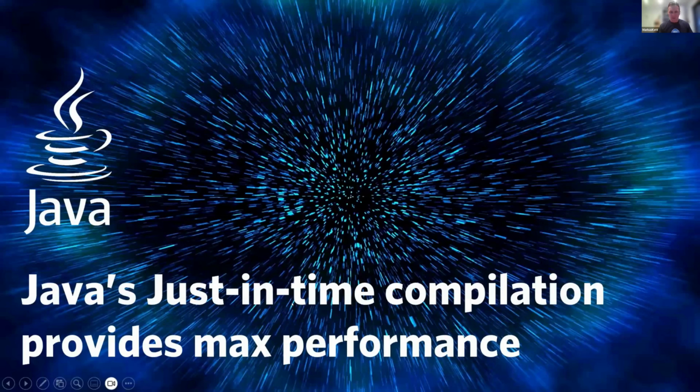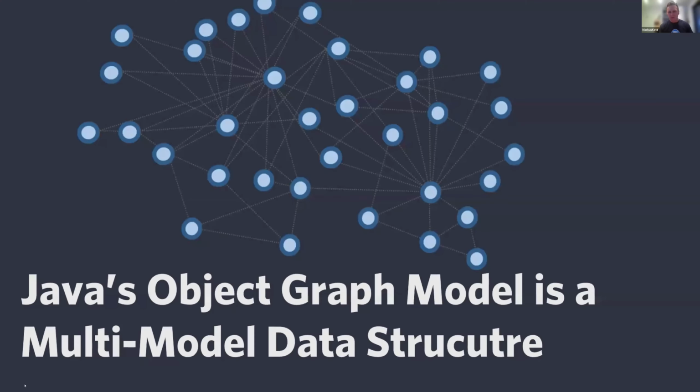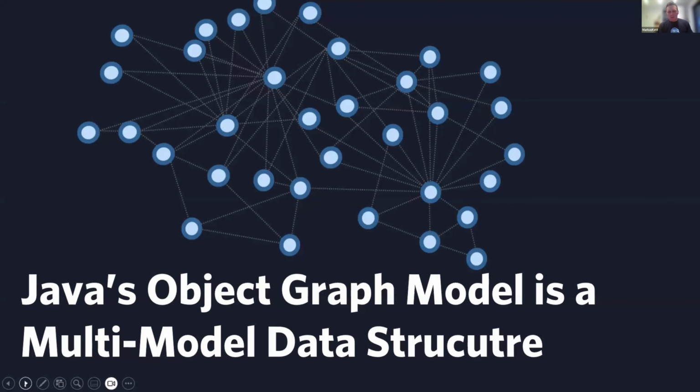So this is great. With Java, we are able to search and filter with the Java Streams API in microseconds. So incredibly fast. The second fact is we have the perfect data structure already in Java.